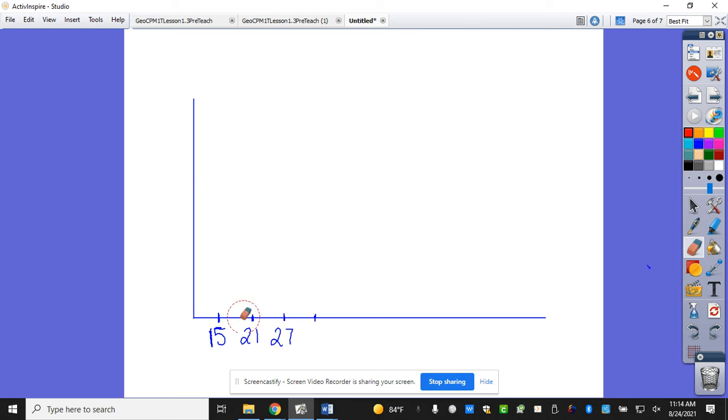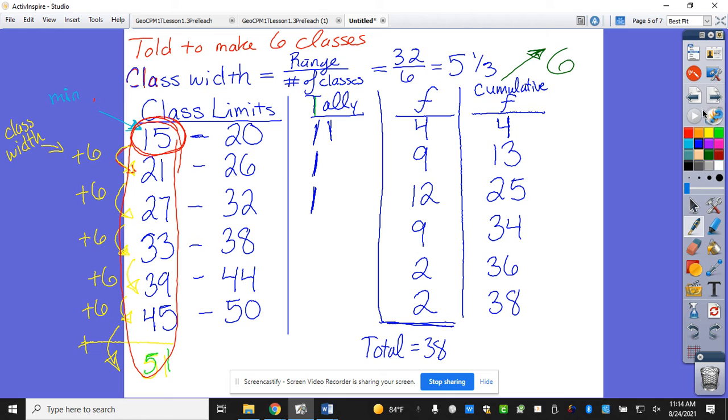My spacing could be better. What's the last one that I write? What's the last one that's one of my classes?